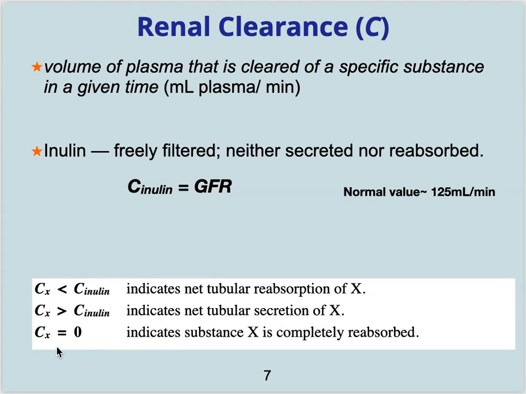Now, when the clearance of a substance is 0, that tells us there's 0 amount of plasma being cleared of that substance within that given amount of time. In other words, this indicates that the substance is completely reabsorbed.